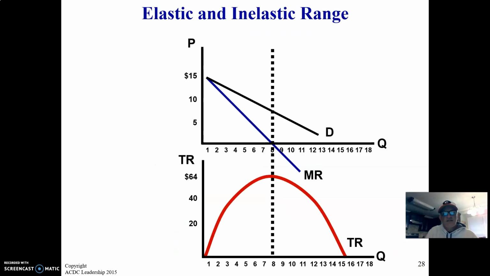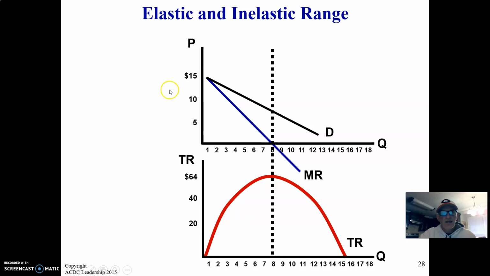All right, let's talk about the elastic and inelastic range. If you go way back to Unit 2, when we talked about elasticity, we used a total revenue test to determine something's elasticity.